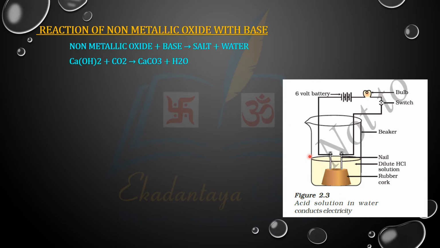In this experiment, the dilute HCl solution is here, and two nails are in a rubber cork in this beaker. One terminal of a nail is connected to a 6 volt battery, a bulb and a switch, and the other is connected to the other nail.